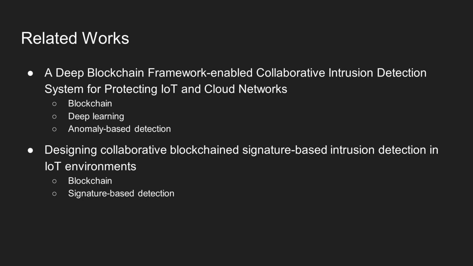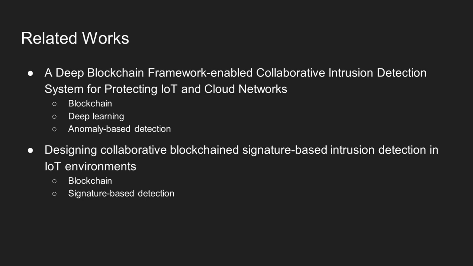In the second paper, it was a signature-based intrusion detection method that also integrated blockchain. For signature-based detection, they proposed to develop a database and create this database using blockchain.